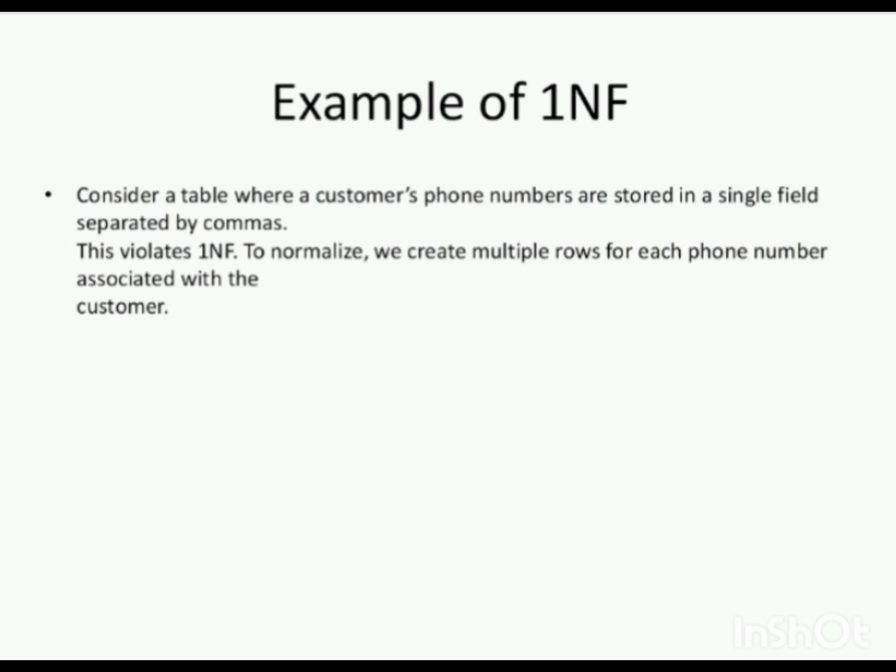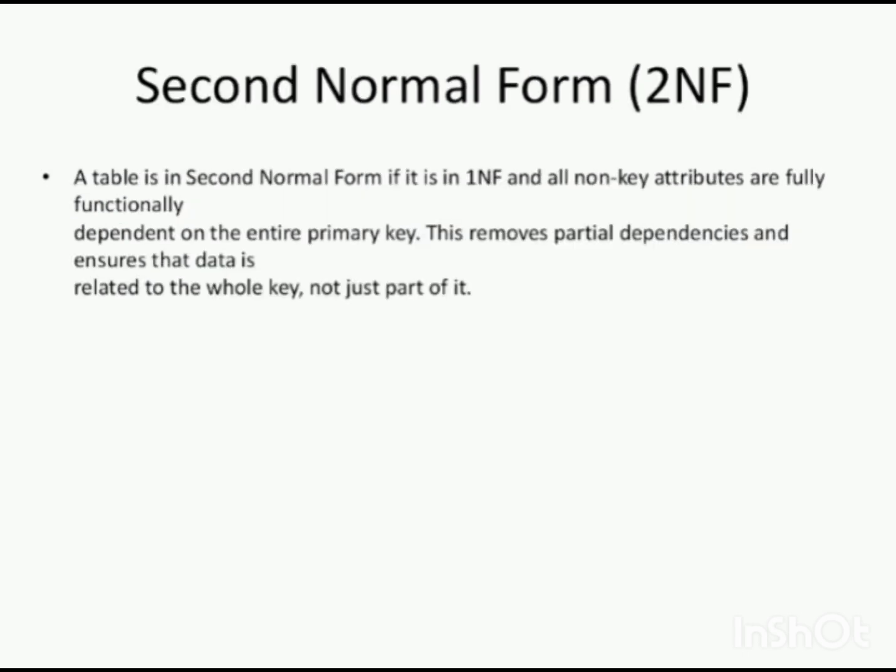Next, second normal form. A table is in second normal form if it is in first normal form and all non-key attributes are fully functionally dependent on the primary key.